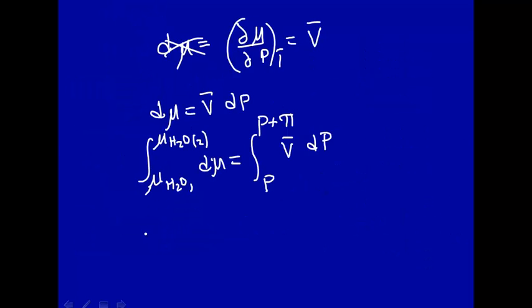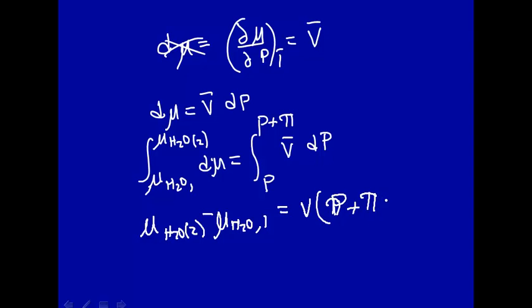All right, so mu of H2O in compartment 2, the difference in chemical potential, minus mu of H2O in compartment 1. Let's assume partial molar volume is a constant, so this is just V bar times the pressure on the left-hand side plus that extra osmotic pressure, minus the pressure on the left-hand side. So this equals the osmotic pressure times the partial molar volume.